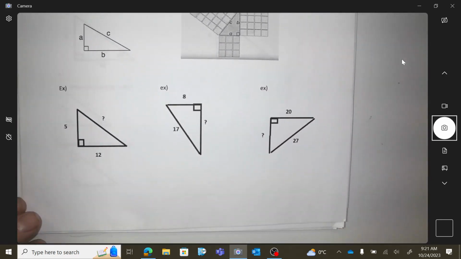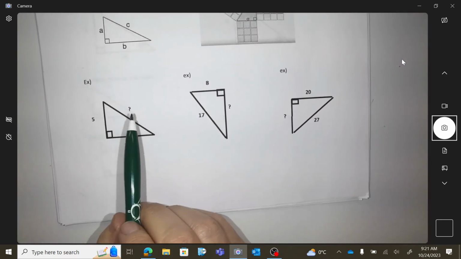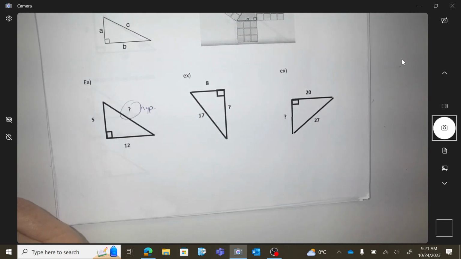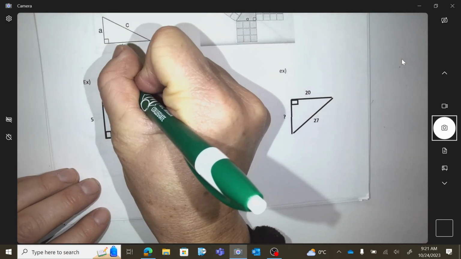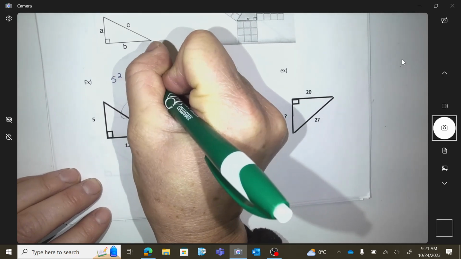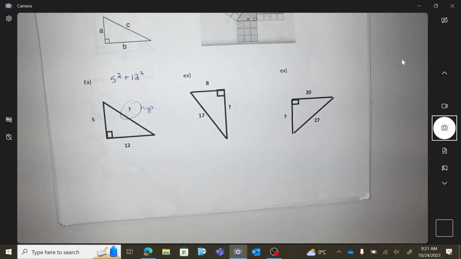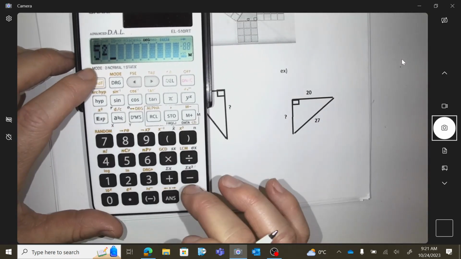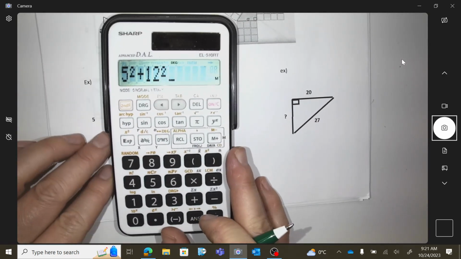Okay, so how does it work? So on this one, I want to find the hypotenuse. So I would add 5 squared plus 12 squared. So I would jump into my calculator. 5 squared plus 12 squared.